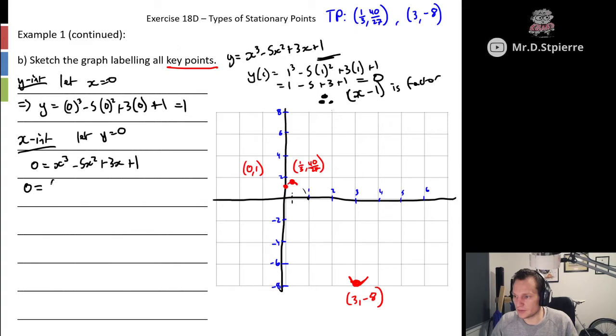So we get 0 is equal to x minus 1 bracket. It is quite clear that we need an x squared, because x times x squared gives me my x cubed. The constant at the end, well, I need -1 times whatever the constant is here. So -1 times question mark has to give me my +1. So that has to be -1 there. And then we're left with whatever our middle term is. So our middle term, let's call it b.